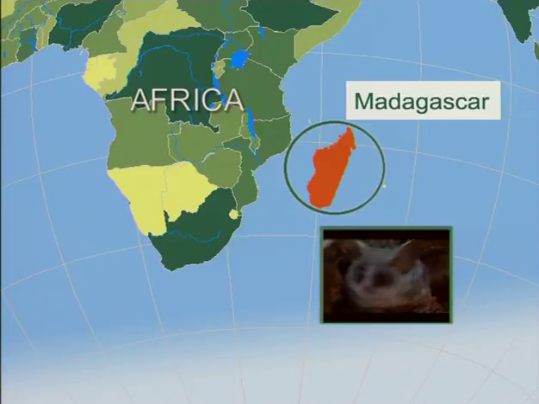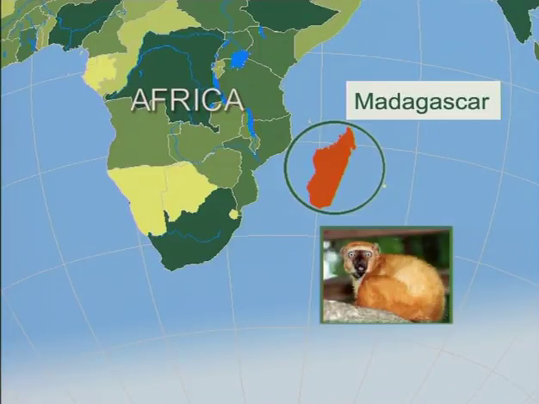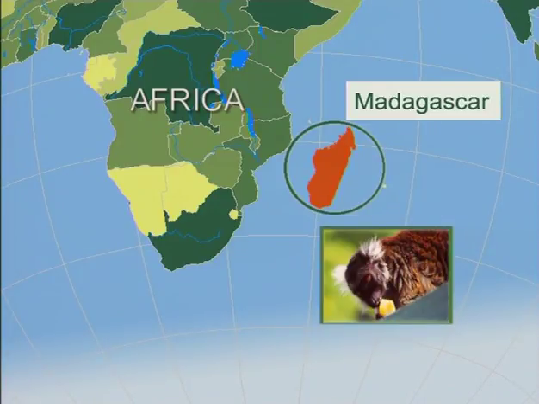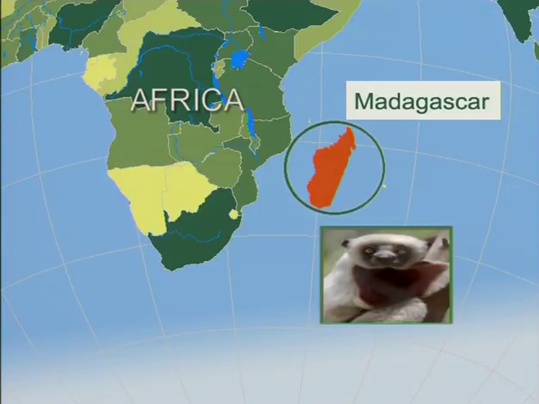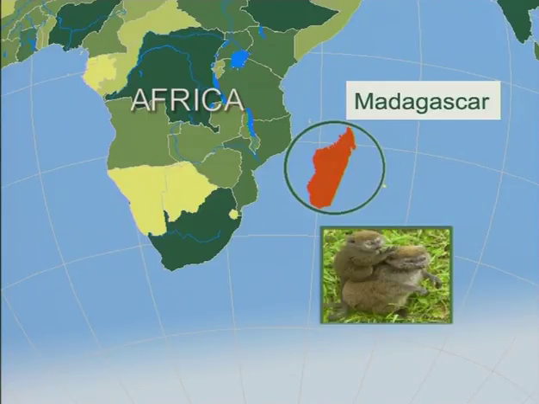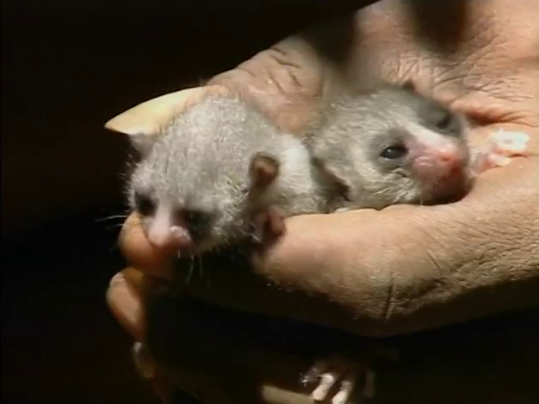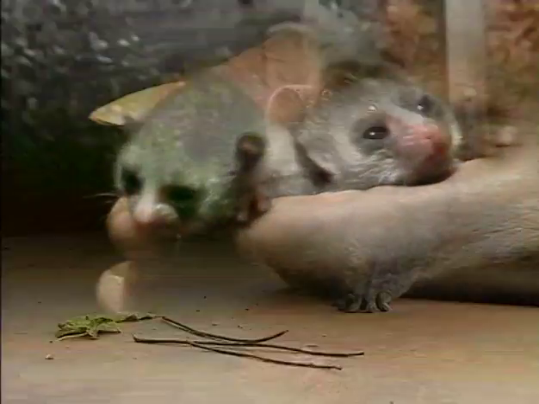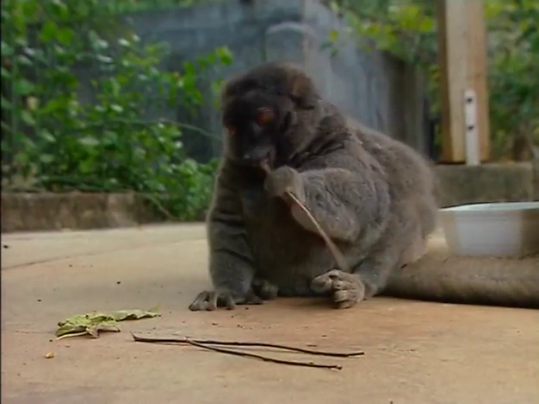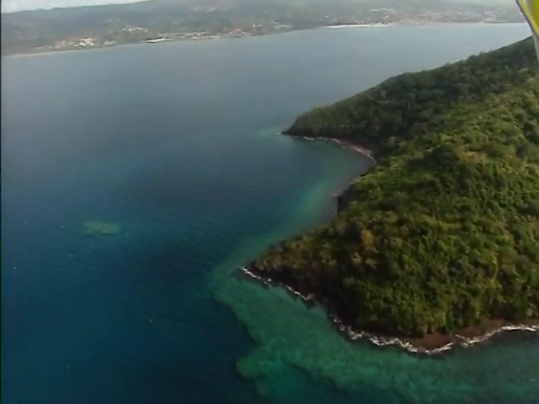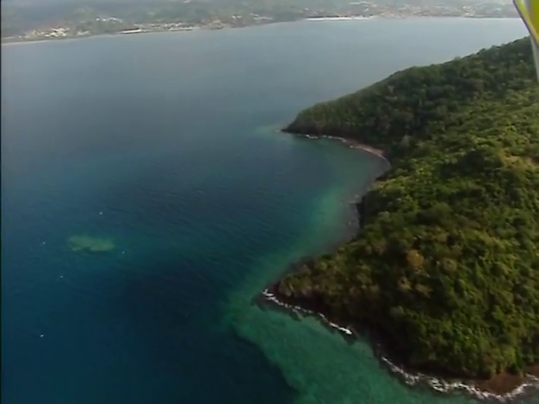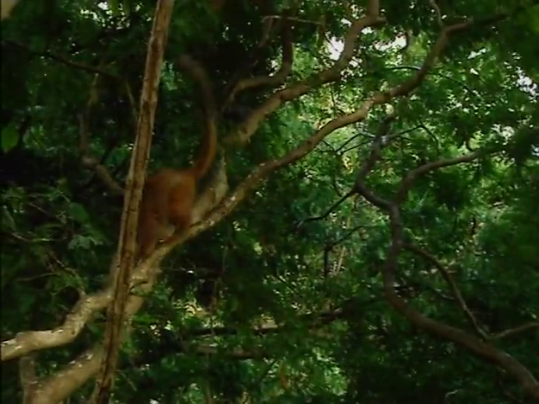Lemurs, on the other hand, live exclusively on the island of Madagascar. They have over 40 species on record. This is because Madagascar is not only geographically isolated, but also offers so many little isolated niches within.